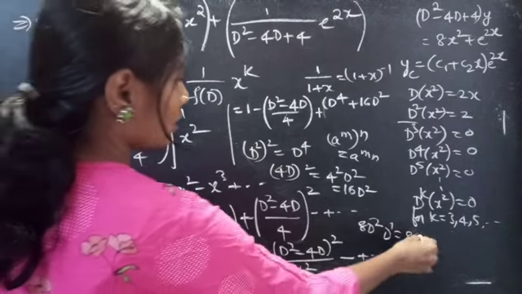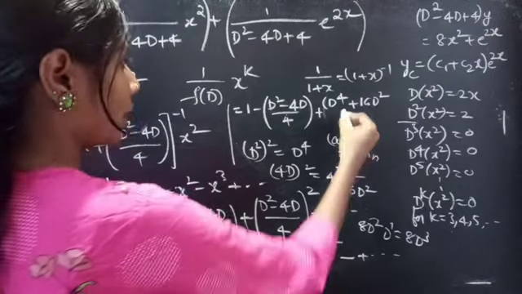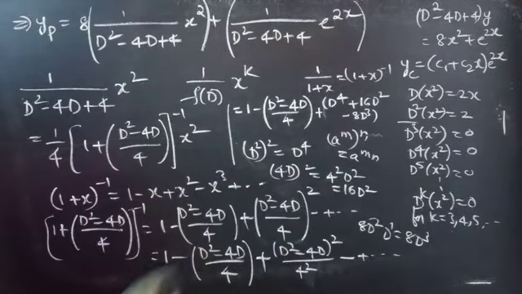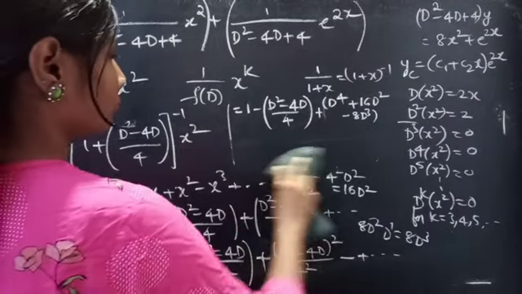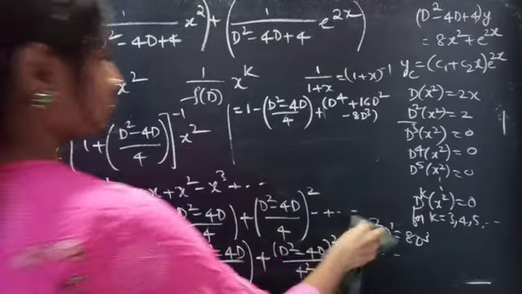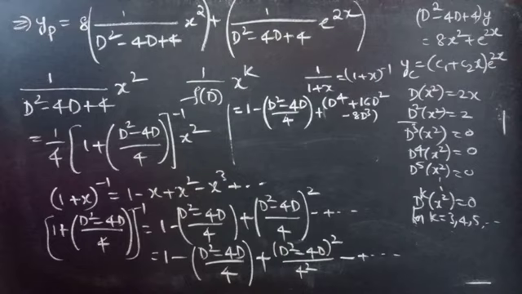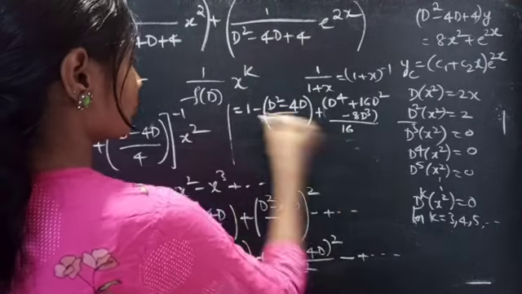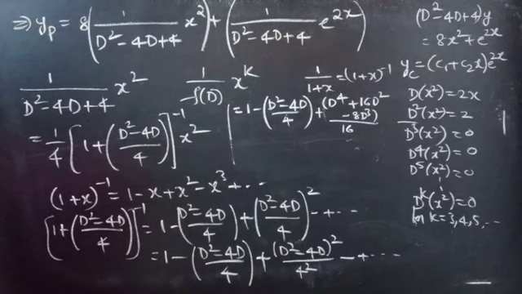Add the powers, we'll get d cube. Okay, minus 8 d cube, by 4 square, which is 16.